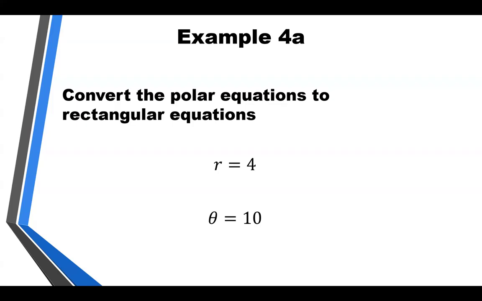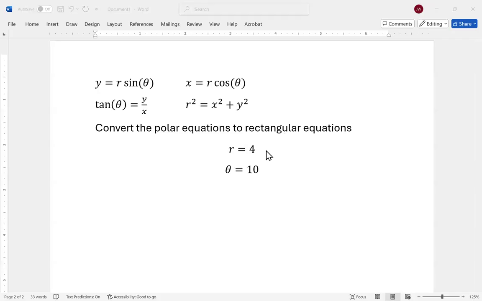Let's look at a couple of examples. Let's start out with converting these two basic polar equations into rectangular equations. The first equation is r equals 4. The second equation is theta equals 10. The route we're going to take should be fairly obvious.